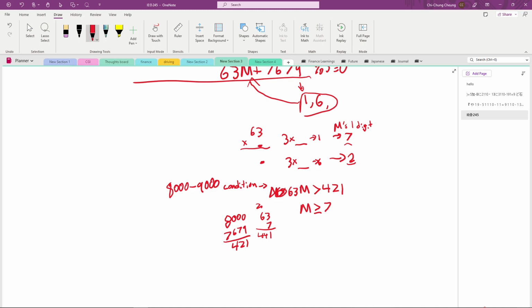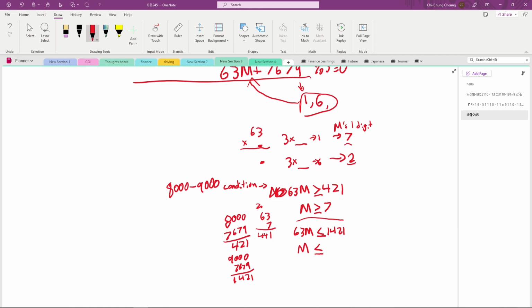Well, 9,000 minus 7,679 will equal 1,421, because that's 1,000 more. Which means 63m has to be less than or equal to 1,421. So m has to be less than or equal to, do some estimation.